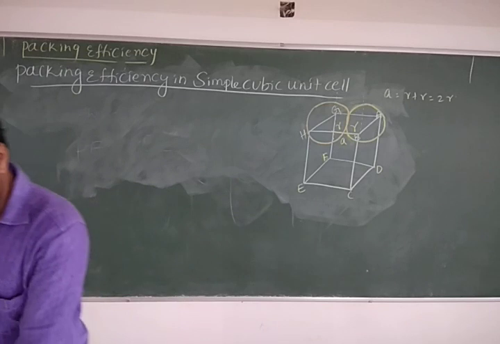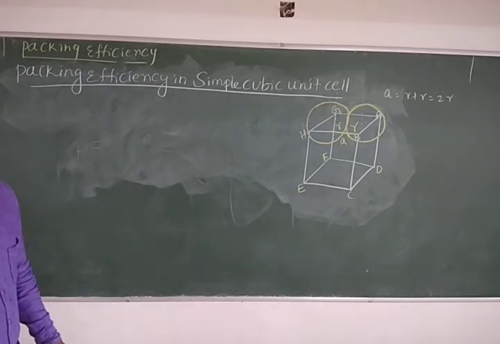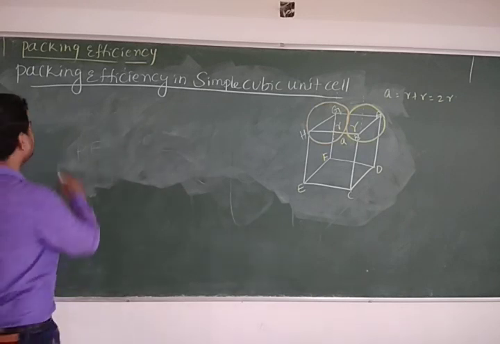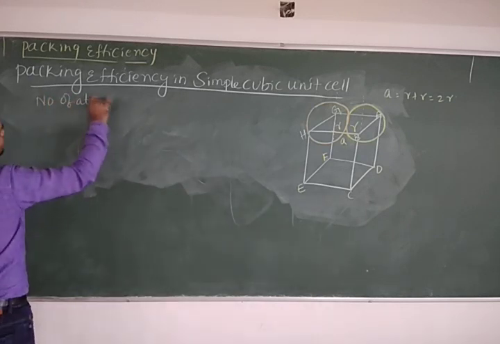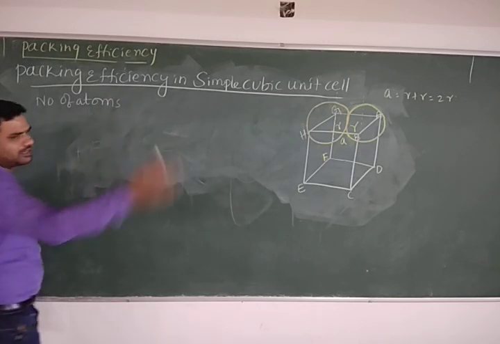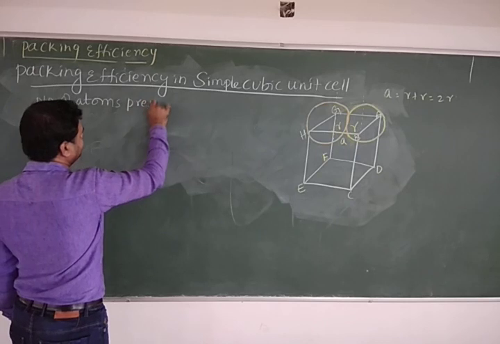And now I am writing all the values. In this I am writing the number of atoms in this type of unit cell. Number of atoms are spheres, because the atoms are in what shape? Sphere shape.